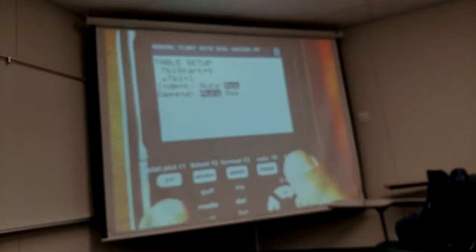So normally when you go to table, you tell it where to start, and it just fills in the table automatically. I'm not sure if you guys have all seen this ask thing. So set it to ask, go to table, and now you can just plug in there 3, 3.5, 3.9, 3.99, 4.01, 4.1, 4.5.